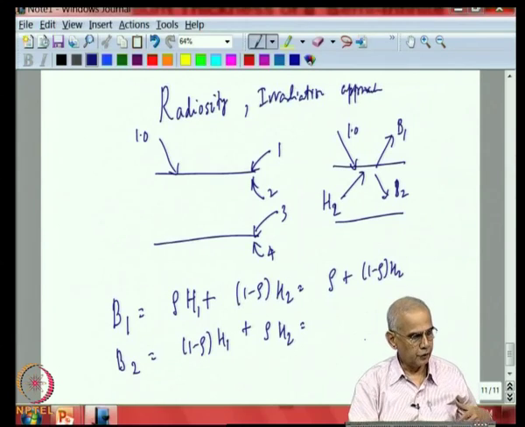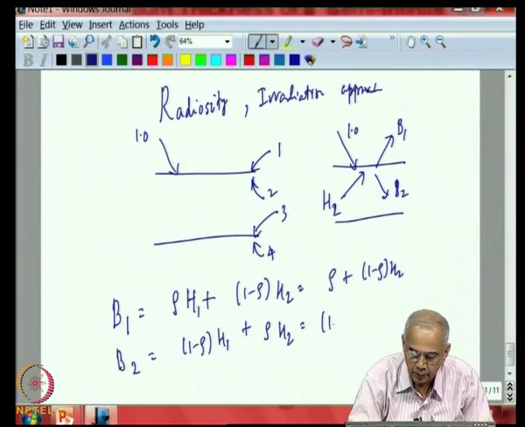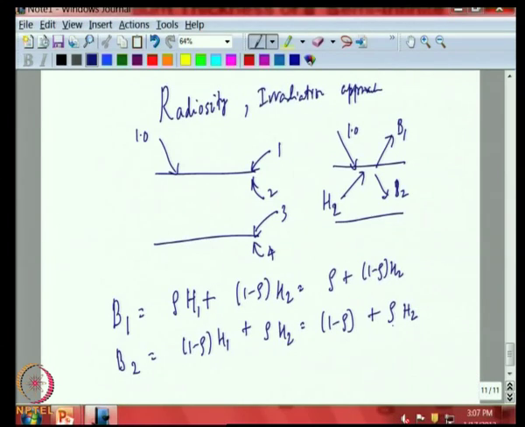And so, we write expressions also for B3 and B4. Since H1 is 1, this becomes 1 minus rho plus rho H2. Okay. So, we are able to write B1 in terms of H2 and B2 also in terms of H2.